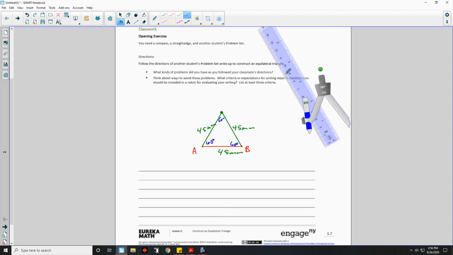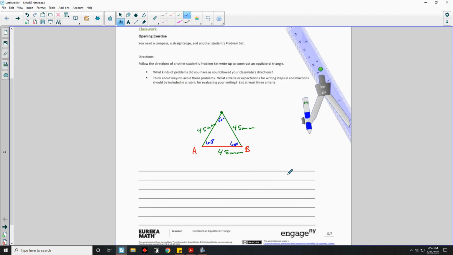So I can't really do this next part for you right here. It says: what kind of problems did you have as you followed your classmate's directions? Think about ways to avoid these problems. What criteria or expectations for writing steps in construction should be included in a rubric for evaluating your writing? List at least 3 criteria.